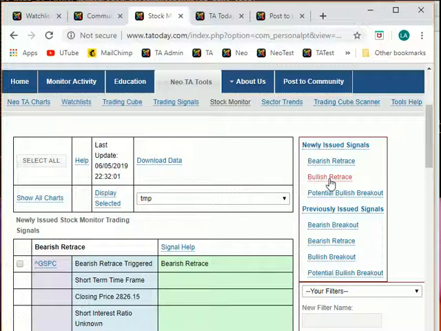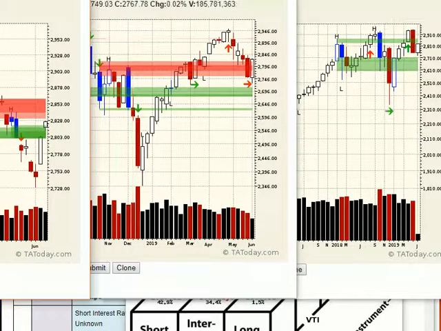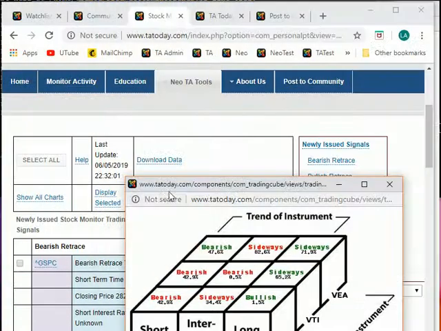You don't have to go to your broker and set them up and monitor 500 signals. You just stick them in a watch list, scan the watch list to see if anything is signaled that day, and flip through them here. We built this thing to be pretty easy to use.